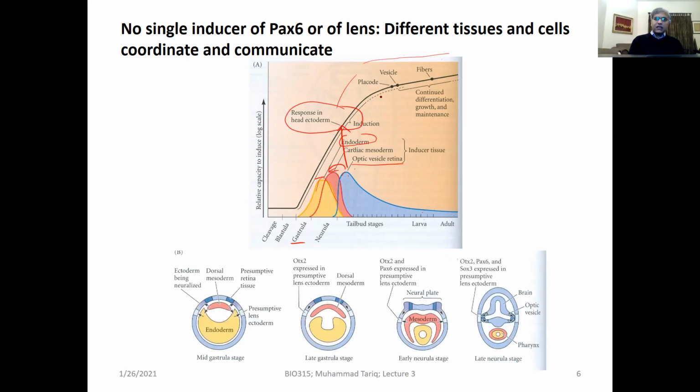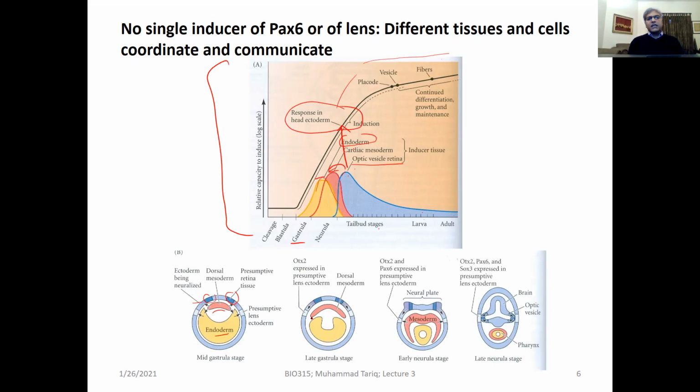If you look at the same graph in the form of an embryonic picture, this is your dorsal mesoderm, this is endoderm, and this is your ectoderm. And this is the presumptive retina tissue. This is your ectoderm being neuralized, this one.